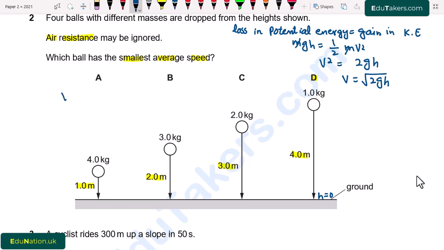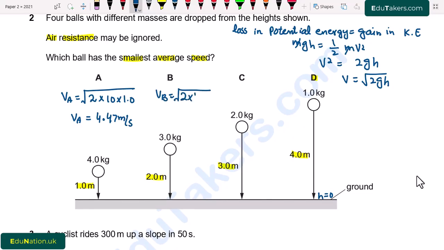First of all, I calculate the average speed of the ball A. So I write here VA is equal to square root of 2 multiplied by the value of g, which is 10, and height is 1.0. So the speed of the ball A comes to be 4.47 meter per second.